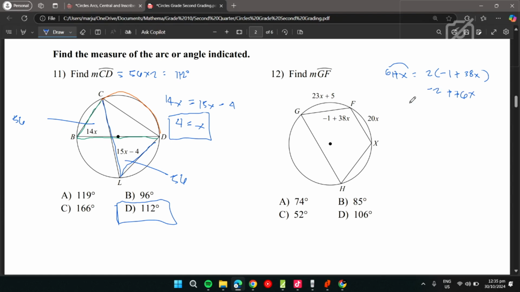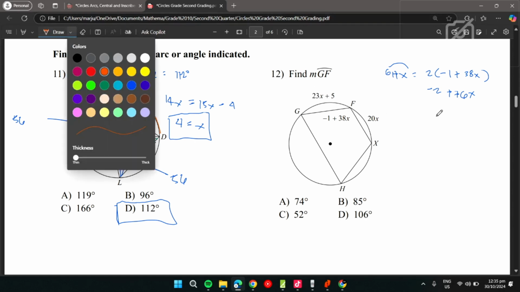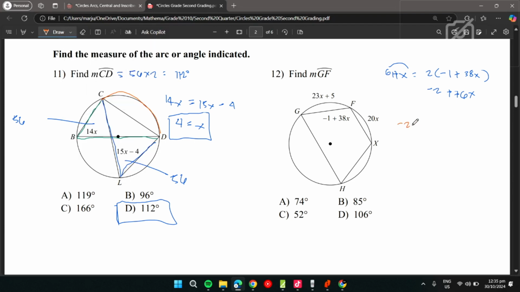Now this arc plus this and this gives you 360. So -2 plus 76x plus 20x plus 23x plus 5 equals 360. Combining, I have -2 and 5, that's 3.